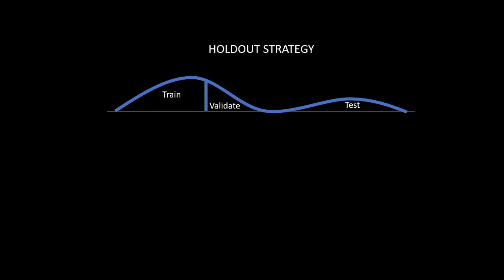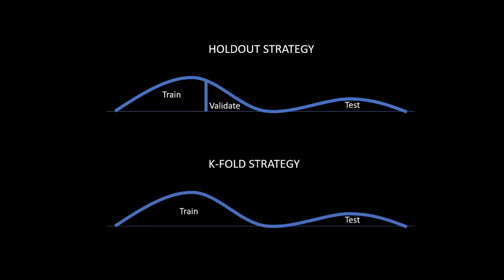Another method that we can possibly use is something called our K-fold strategy, where we take the entire training set and instead of doing the minor validation, we go straight to testing. And keep in mind that these are cycles. It's a constant cycle of training and testing and training and testing.